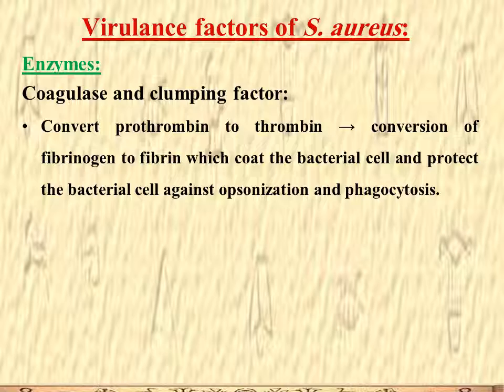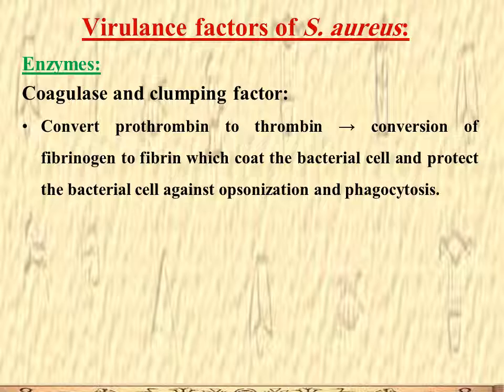You know that one of the mechanisms of the immune response was the opsonization and phagocytosis, where the microbe or the bacterial cell was coated by immunoglobulins and complement proteins. Such opsonins, which are the immunoglobulins and the complement proteins, have receptors over the phagocytic cells.